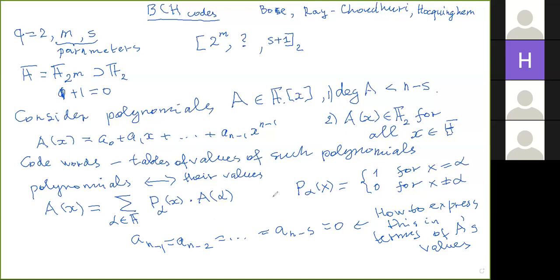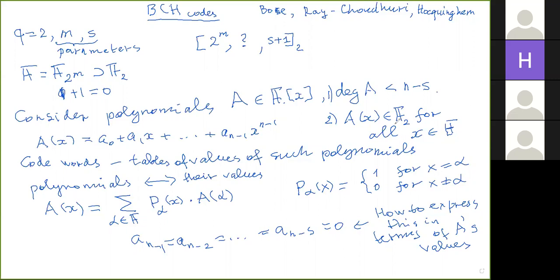And we will be interested in linear equalities over F2 and not over F, because in this way we can understand how these conditions reduce the dimension. So if we do not have these conditions, we know that we obtain all possible 2 to the m code words. So all values are possible.